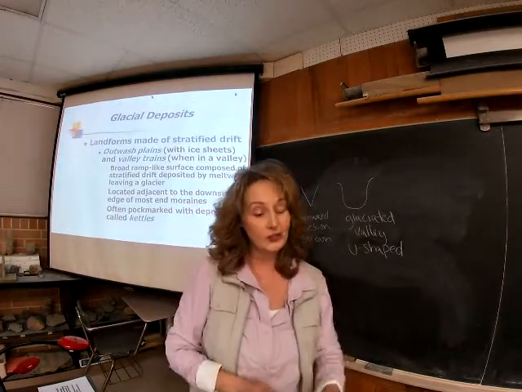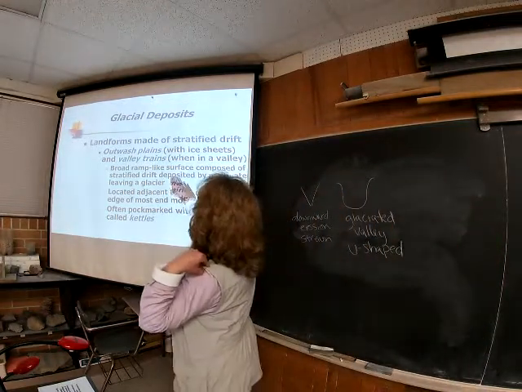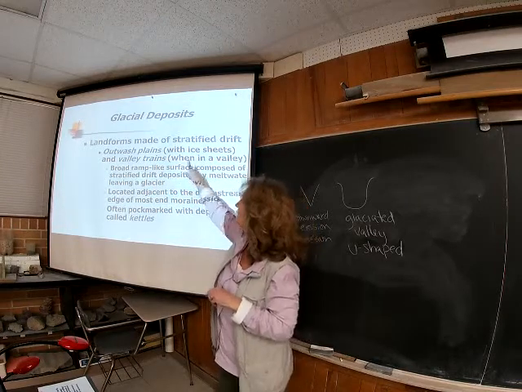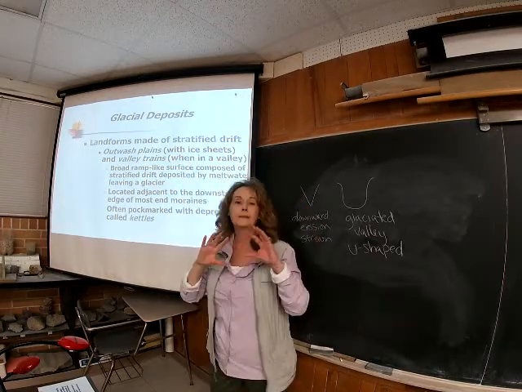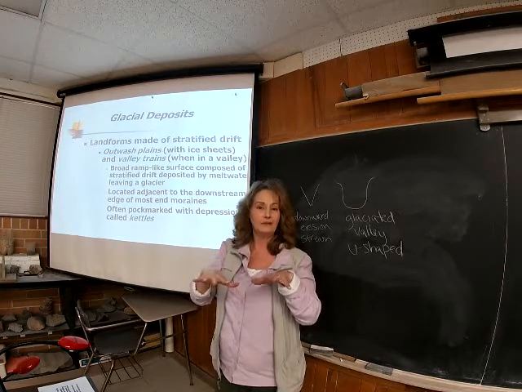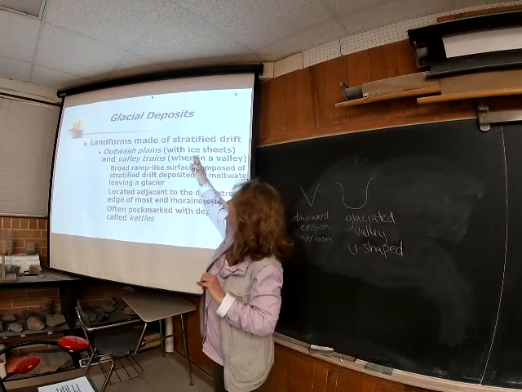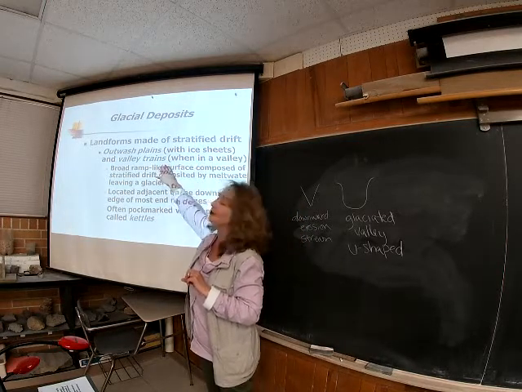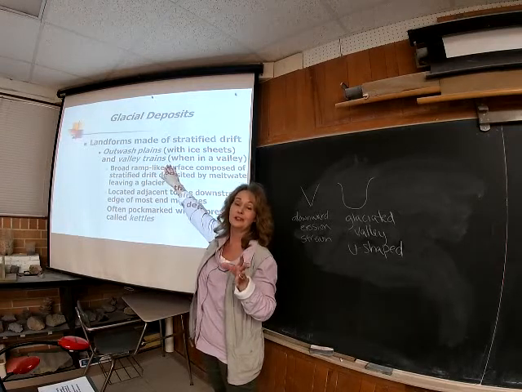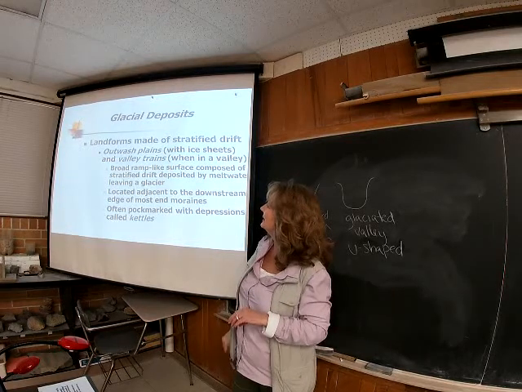Okay, the outwash plains with an ice sheet, they're called outwash plains. They're called a valley train if we're in the mountainous region. So if it's pretty much a continental flat region where you've got an ice sheet radially going, we call that an outwash plain. If you're in the alpine valley type of glacier, mountainous terrain, they call that a valley train. So that's when in a valley.